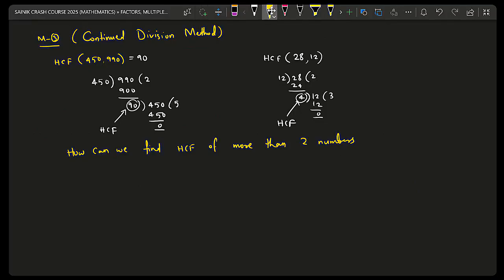Okay, next we are going to discuss method number 4. Method number 4 is prime factorization. Prime factorization method, but here not using exponents, without exponents.